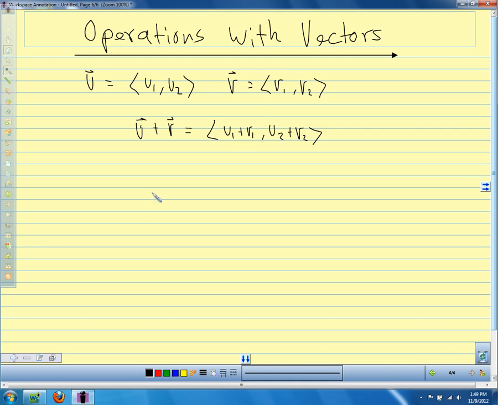If we multiply by a scalar, and c is a scalar, a scalar is just a real number. A scalar times u is just the vector with the scalar times each component.